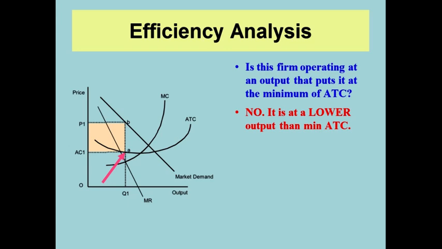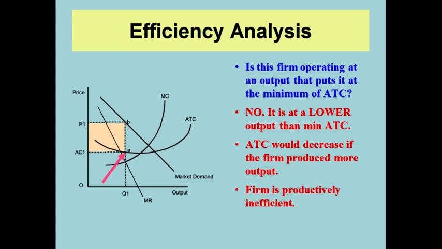Minimum average total cost is going to be to the right, right? Where marginal cost cuts through. So what that tells us is that average total costs would decrease, maybe just a little bit in this graph, but they would decrease if the firm produced more output. So since this firm is not at the minimum of average total cost, which is somewhere at a higher output level to the right, that tells us that this firm is productively inefficient.